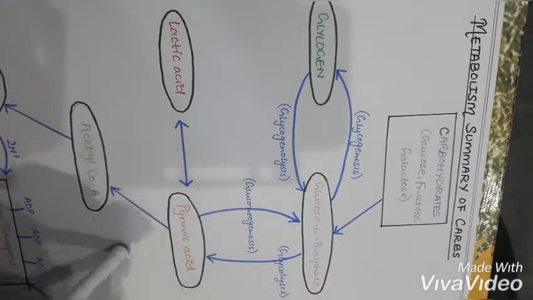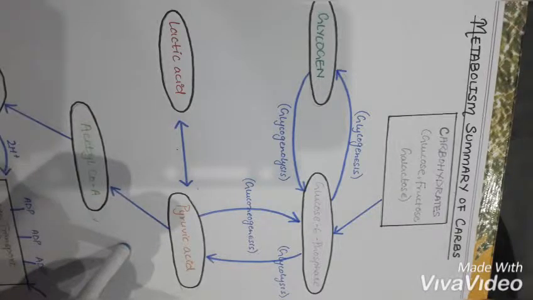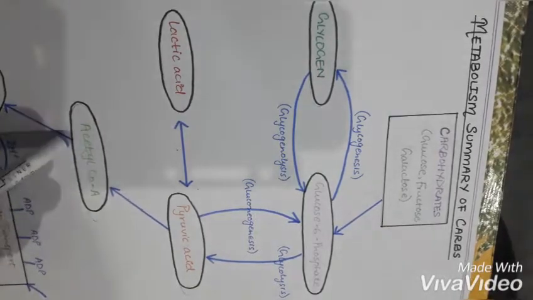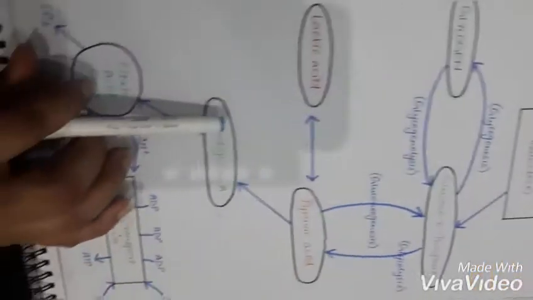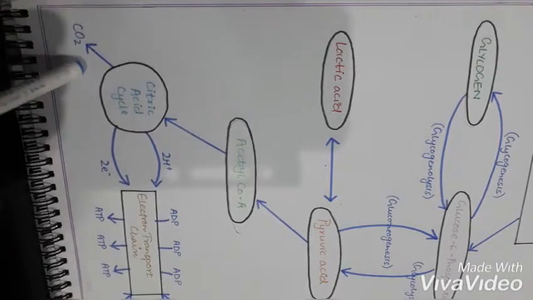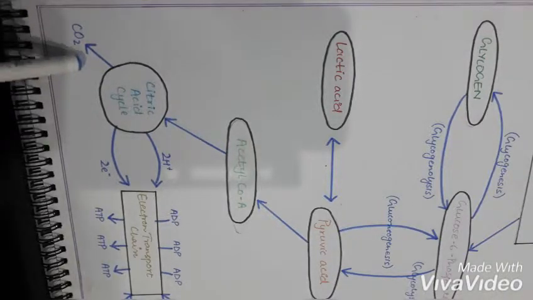Further, for going into the citric acid cycle, or we call it TCA, the tricarboxylic acid cycle, it is turned into acetyl-CoA. Then it enters the citric acid cycle, where carbohydrates release carbon dioxide, most probably.